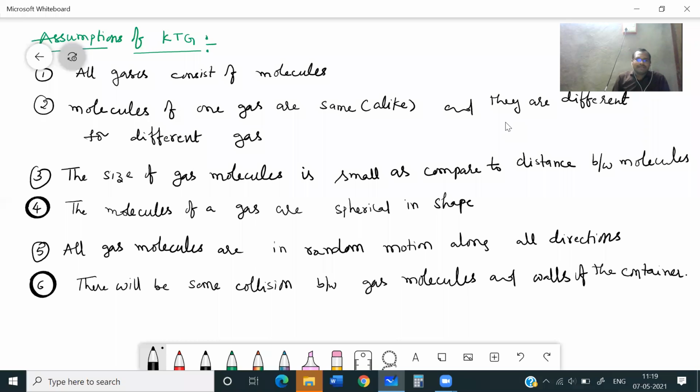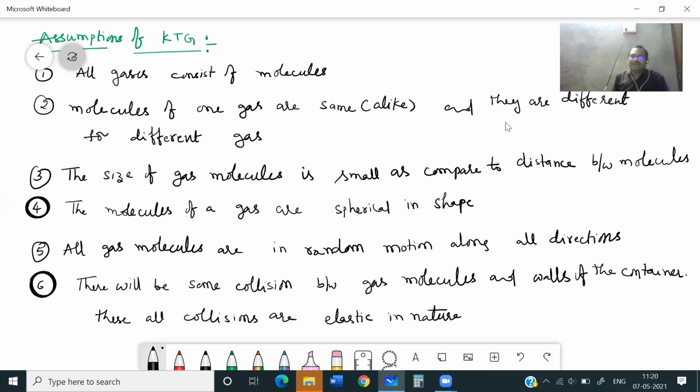And all these collisions are elastic in nature. Elastic collision will be there. The collision between the gas molecules and with the walls of the container will be elastic in nature.